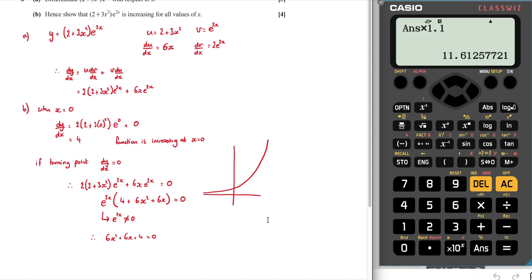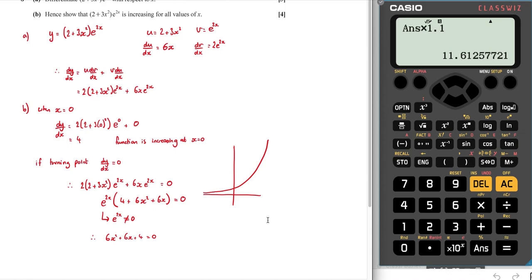If it's increasing, we're trying to show that it doesn't turn around, so I think the best bet to do here would be to find the discriminant. What you might have been tempted to do is get your quadratic solver and show that you get imaginary answers from it, but realistically, if you've seen that, you should then be showing why that happens, and that's because the discriminant is going to be negative.